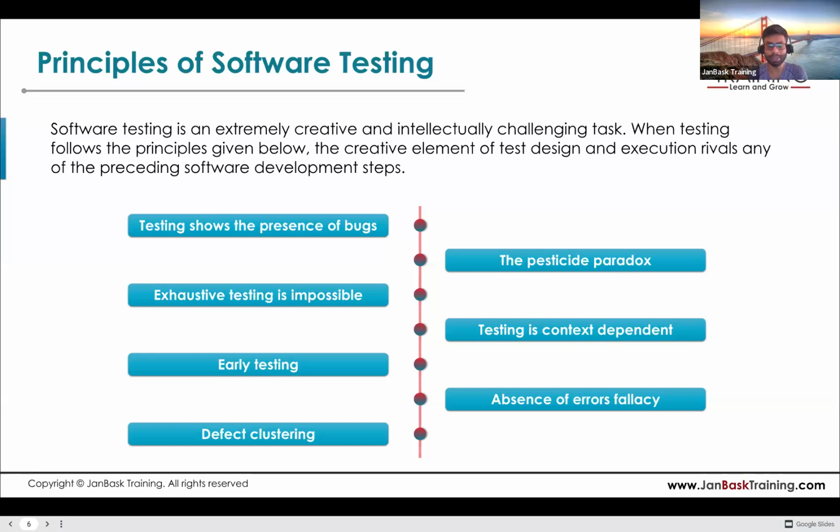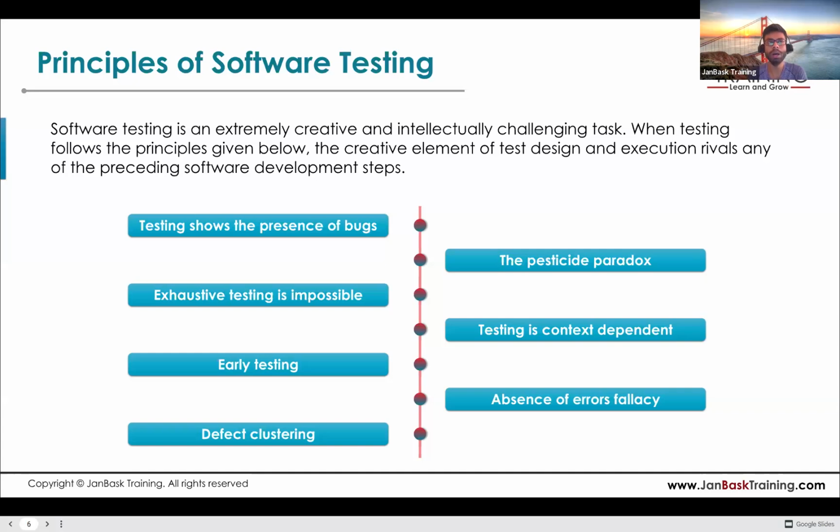There is something called the Pareto principle. You can just note it down. According to it, we can identify approximately that 80% of the complication is present in 20% of the modules.